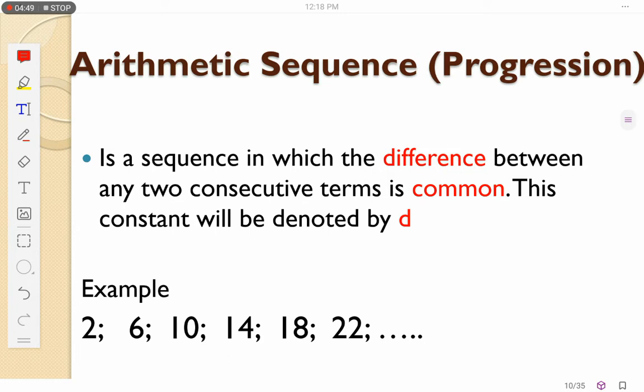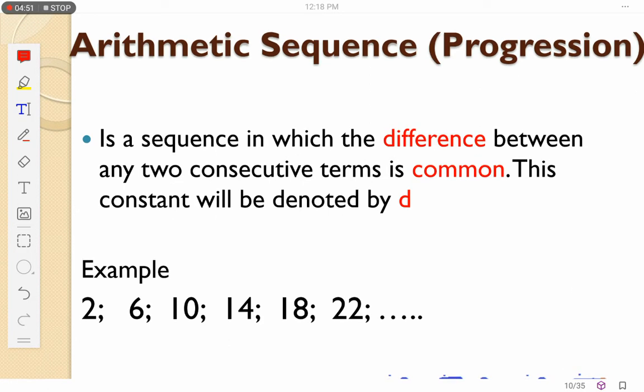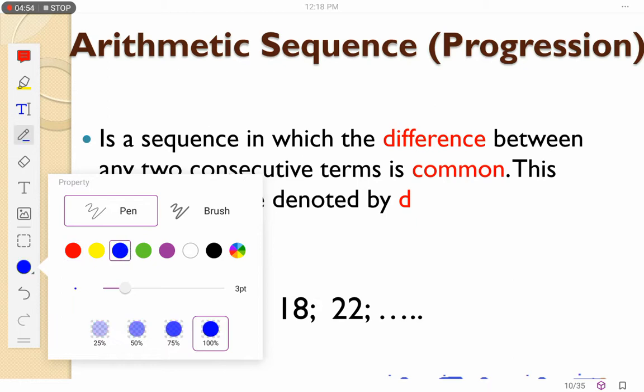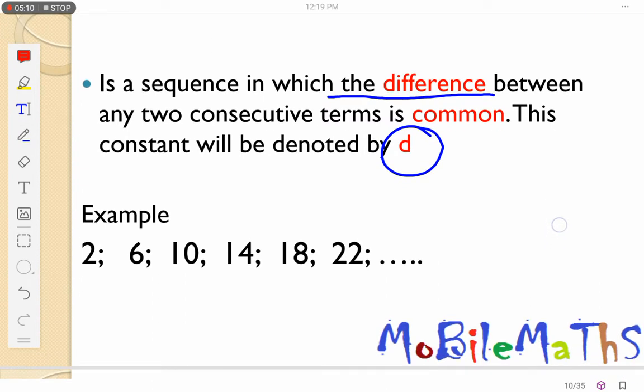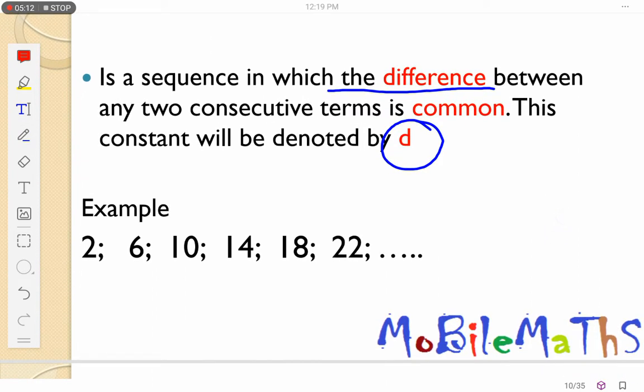Arithmetic sequences are known for having a common difference. That common difference is denoted by D. What do we mean when we say common difference? Let's have a look at this example that I have here.